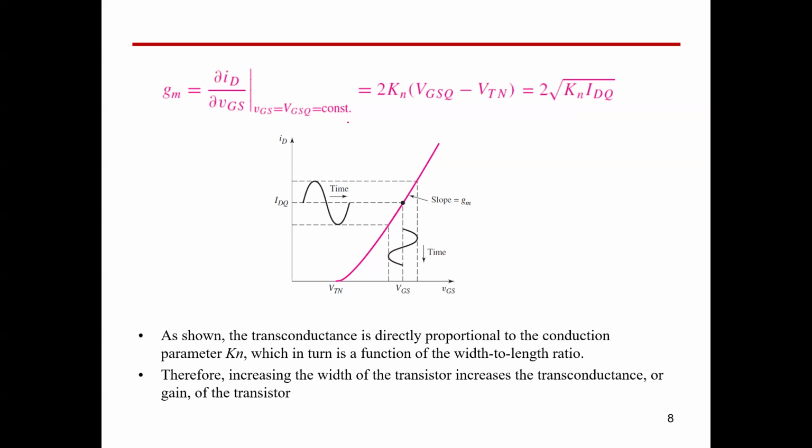So this is the condition. And in this case, the transconductance is 2Kn times (VGSQ minus threshold volt), or 2 times root Kn times IDQ. If you draw, and we already drew this characteristic before in our lab, this is the relation between ID and VGS.